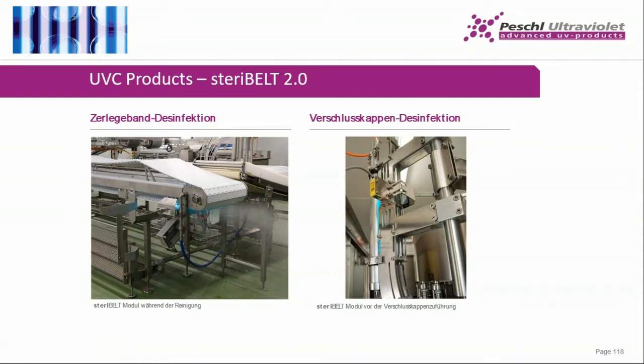Normally we have to say it's IP67 up, so it can also be IP69K, but this is something we don't recommend. So we rather say it's IP67. It's better for the cleaning process because this protection foil can be damaged by high pressure. Therefore there is a special instruction on how to clean the Steribelt, but you can do it integrated.